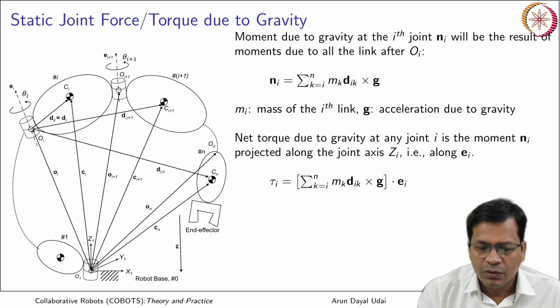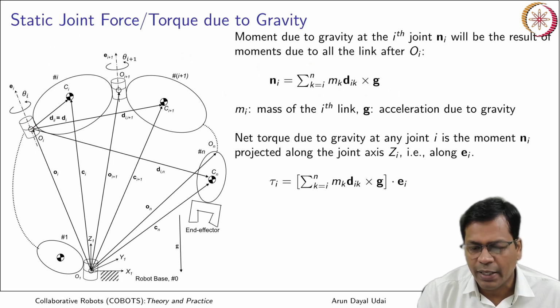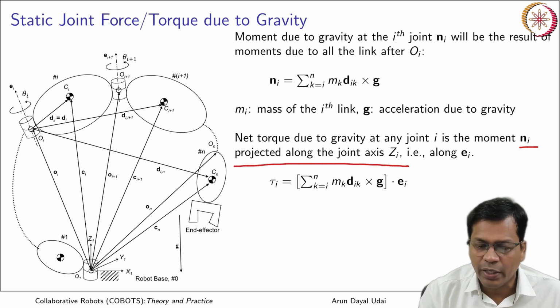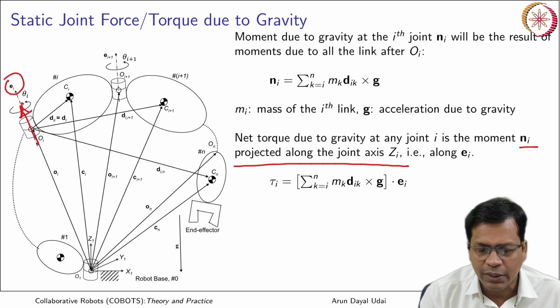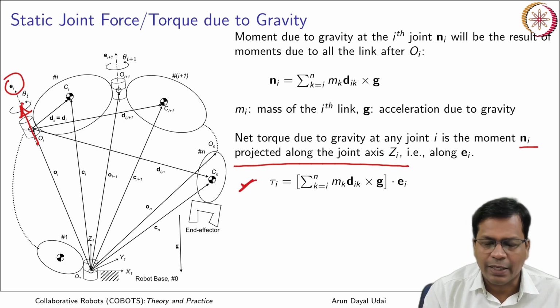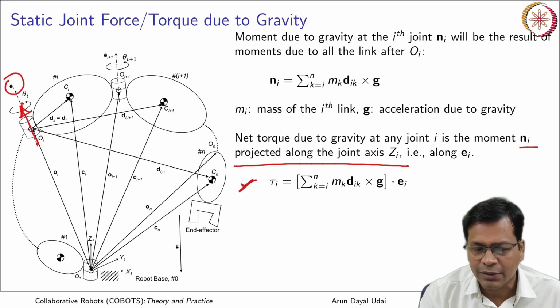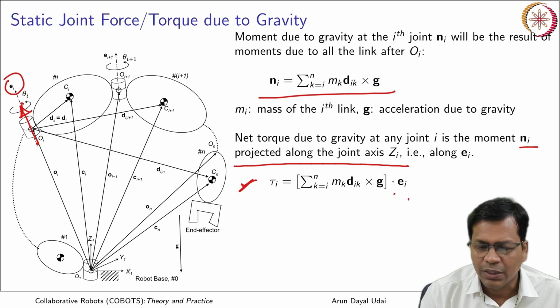Okay. So the net torque due to gravity at any joint i is the moment Ni projected along the zi axis, that is the joint axis. So the sum of moments you have obtained, project that along the axis of rotation, and what you get is the torque at that axis. So the torque will be the dot product with the e_i vector.